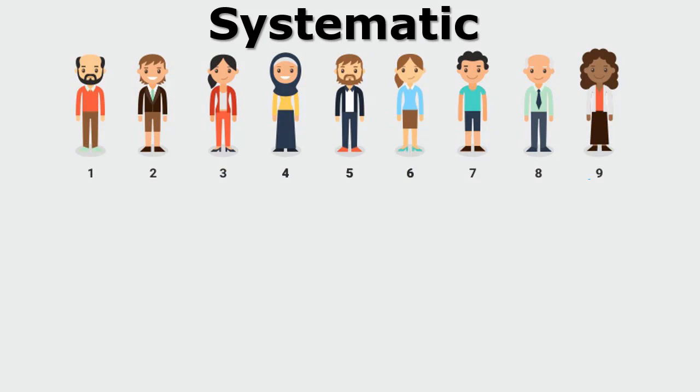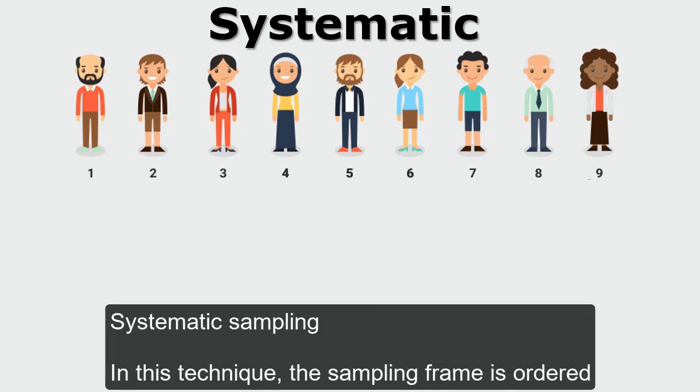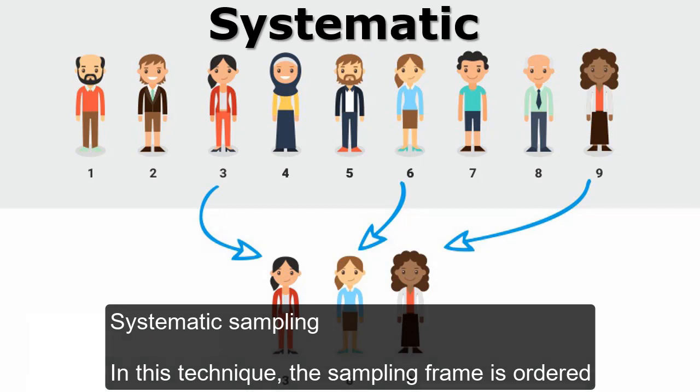So systematic sampling: in this technique, the sampling frame is ordered according to some criteria, and elements are selected at regular intervals through that ordered list. For example, researchers might get a list of all faculty in an elementary school and rank them based on years of experience, and then select every third faculty member to be included in the sample.